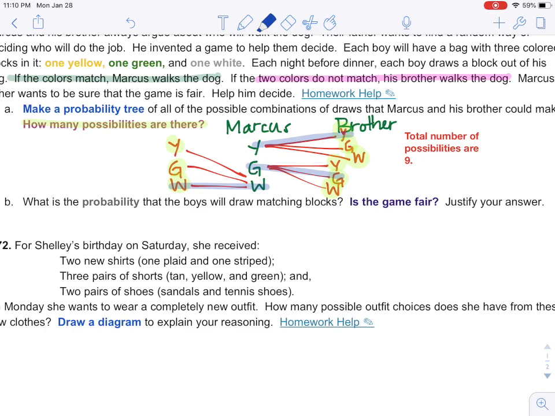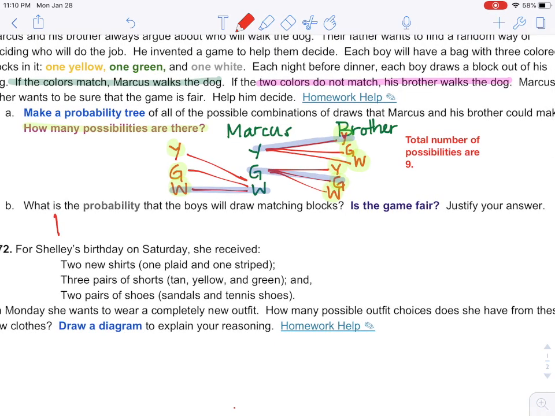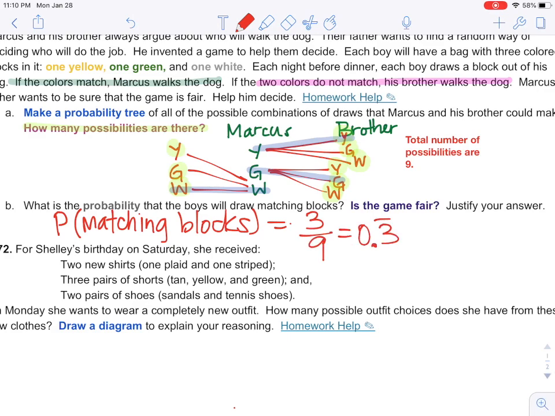Seeing this, I'm going to write it out. The probability that the boys will draw matching blocks is 3 out of 9, which makes it 0.33333, which is also about 33 percent.